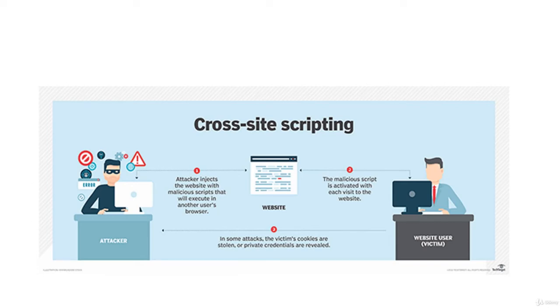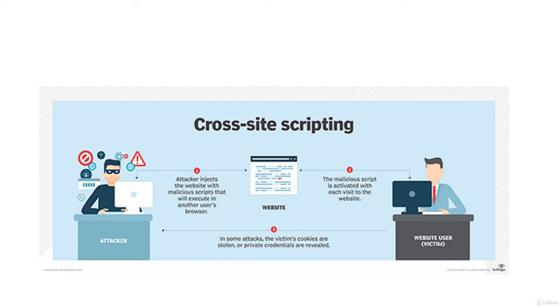The attacker is on the left-hand side, and the victim, or the browser, which is the user, is on the right-hand side. The attacker injects the website with a malicious script that will execute in the user's browser. That means it injects a payload into the website so that it will be executed on the website user.